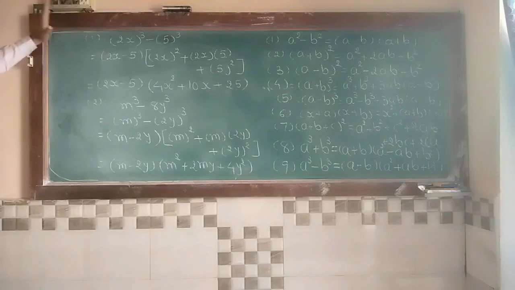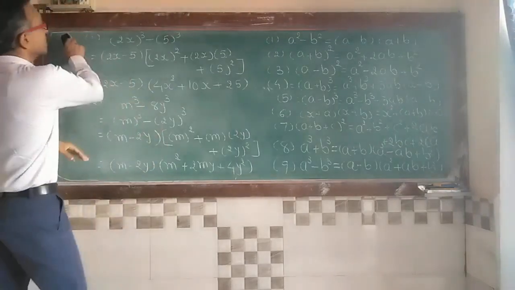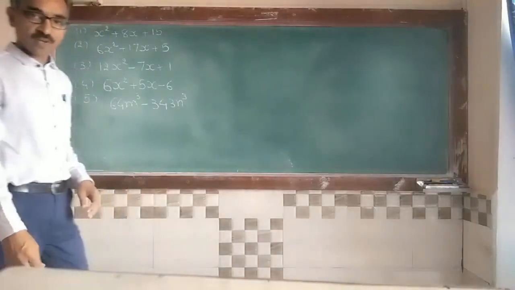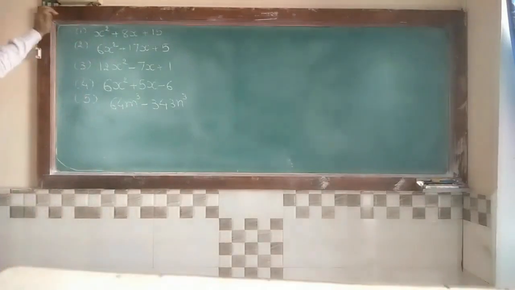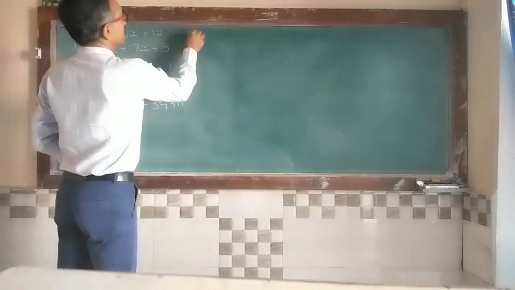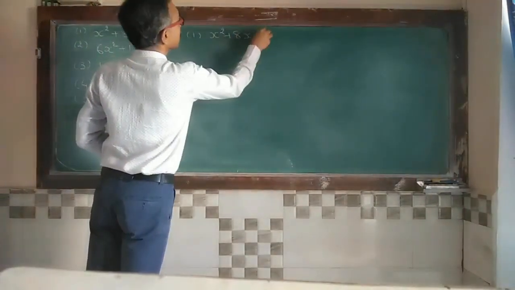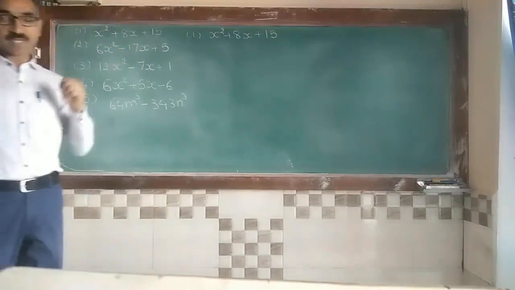Okay. Now we have been given some polynomials to factorize. Suppose the first one is x^2 + 8x + 15. Now we have to factorize it.